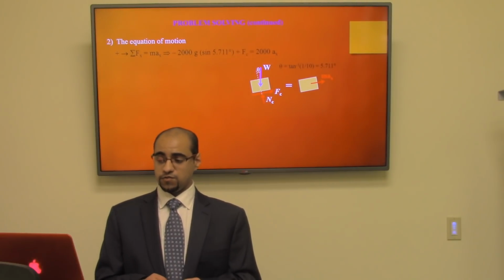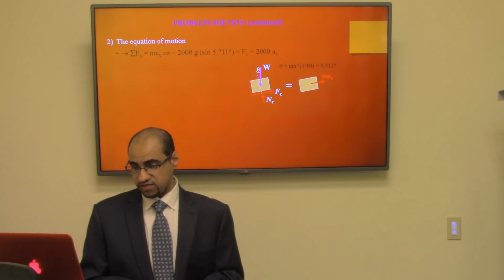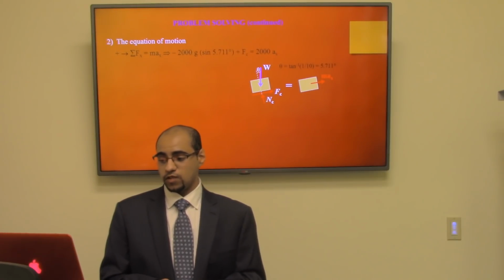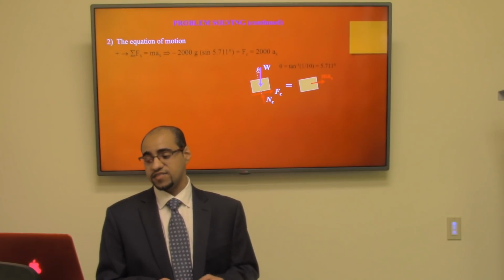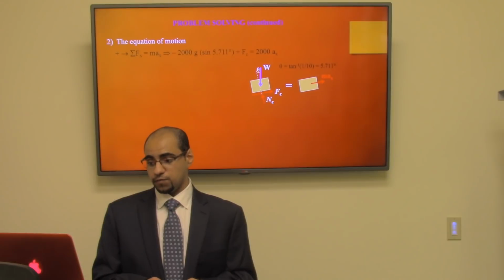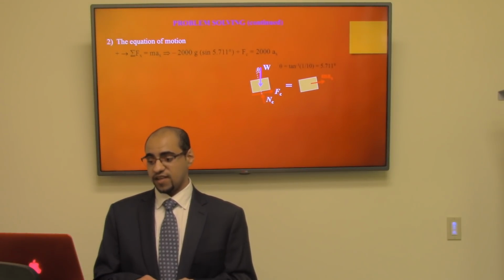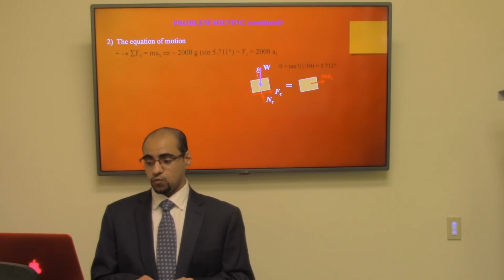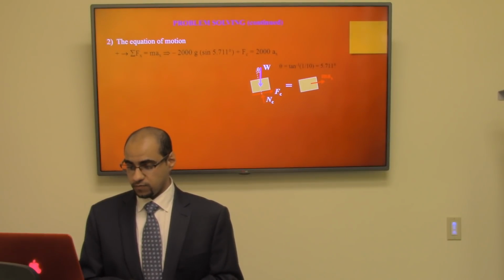2. Now we have to find the equation of motion by summation of Fx equals m ax. As we explained before, m is the mass and a is the acceleration. So minus 2000 g multiplied by sine 5.711 plus Fc equals m ax.